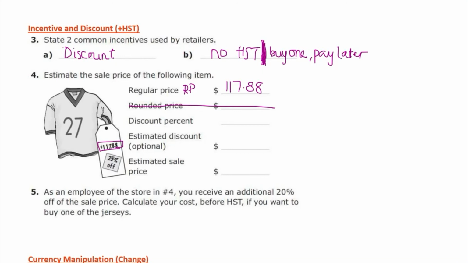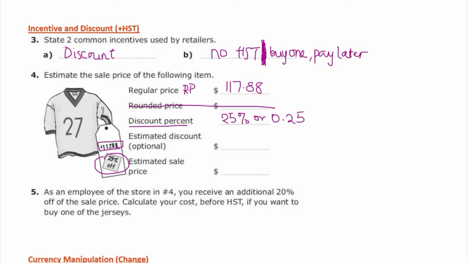that is the discount percent of that money plus the HST included into this particular jersey. So in here we are given the discount percent, which is 25% off, which means we can convert this to decimal, which is 0.25.